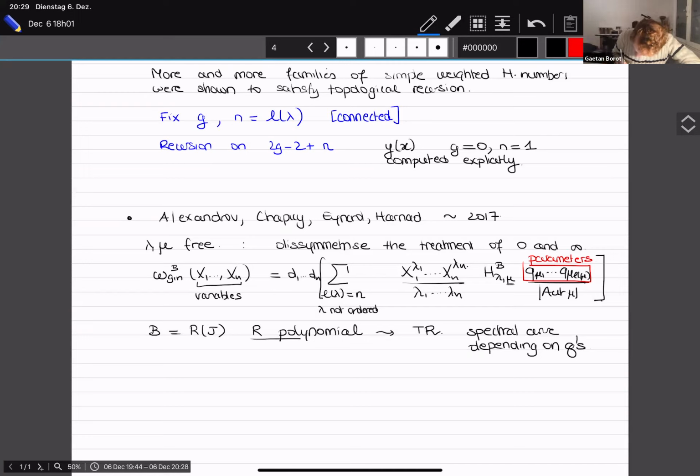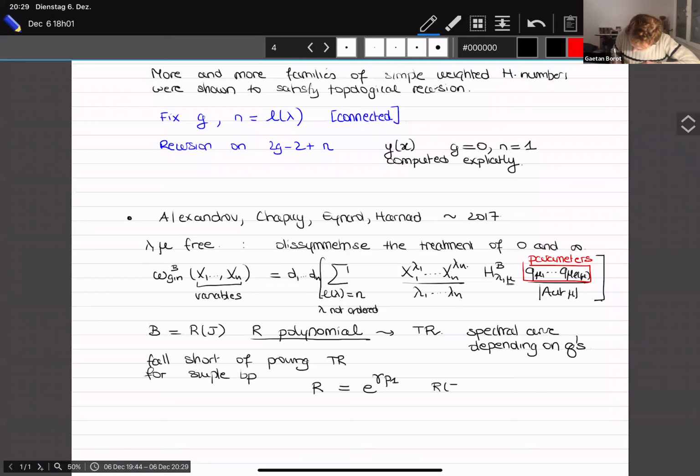And this assumption was technically important for them. The proof was not working without it, for good reasons. And so it fell short of proving TR for, let's say, simple branch points. I mean, arbitrarily many simple branch points, which would correspond to taking R which is the exponential of some gamma P1.